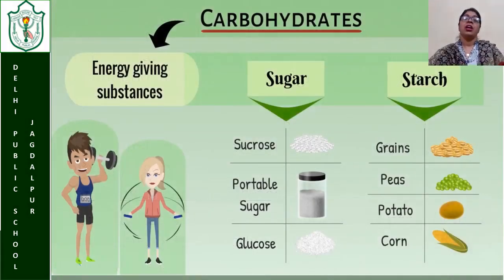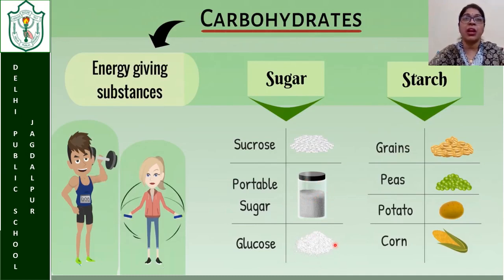Now children, here is a picture for the carbohydrates. What are they doing? They are energy providing substances. What are the two forms of carbohydrate? Sugar and starch. You can see this. Sucrose is the kind of juice that we get in the fruits or the sugarcane. Table sugar means the powdered sugar that we get.